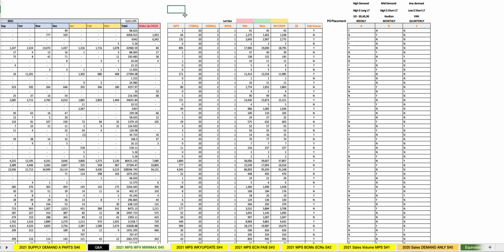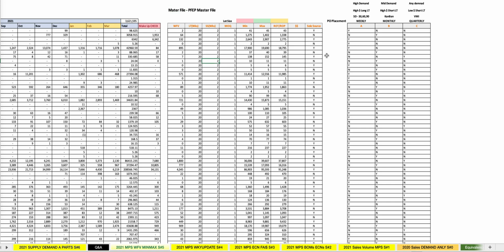This is called the master file. This is also known as plan for every part master file, and we will eventually get there so we can actually establish this master file.